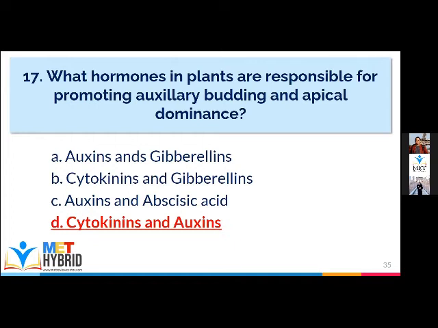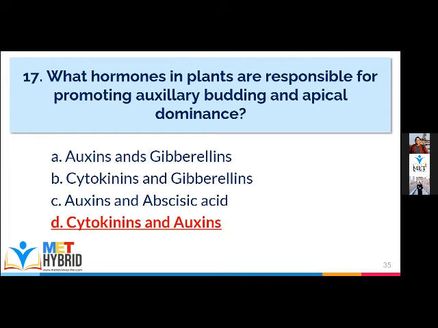When you say gibberellins, these are plant hormones which act upon seed germination and flowering of your plants. The more gibberellin hormones there are in your plant, the faster the rate of seed germination as well as formation of flowers.